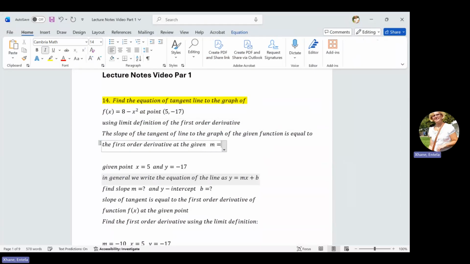So what I'm saying is m is equal to f prime of x at the given point.